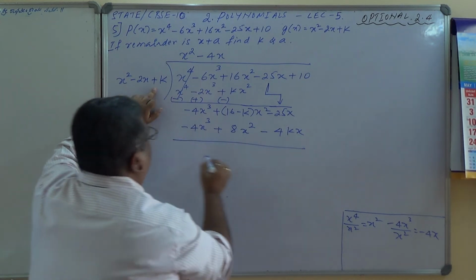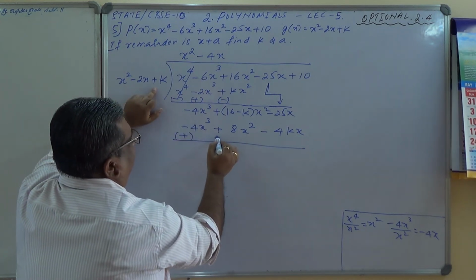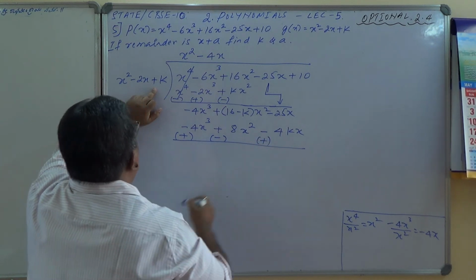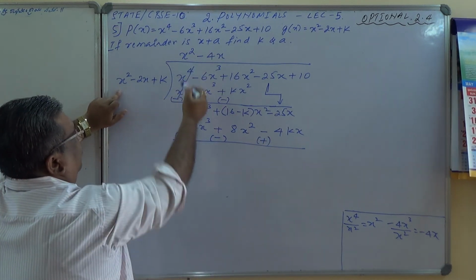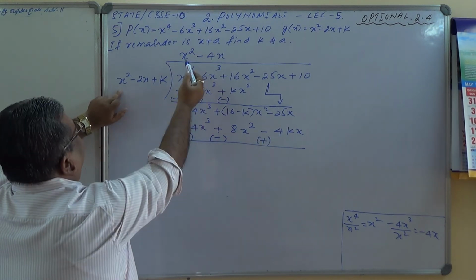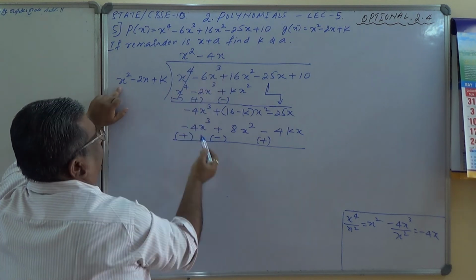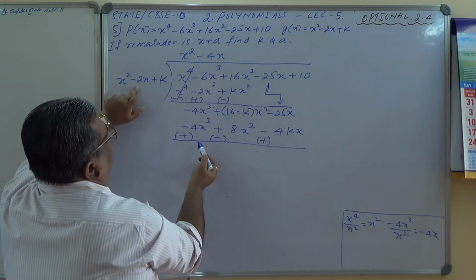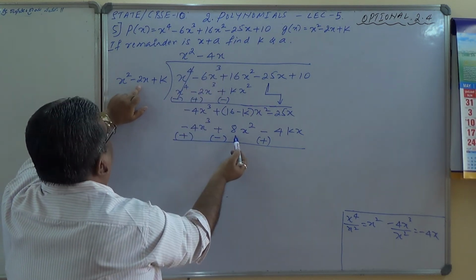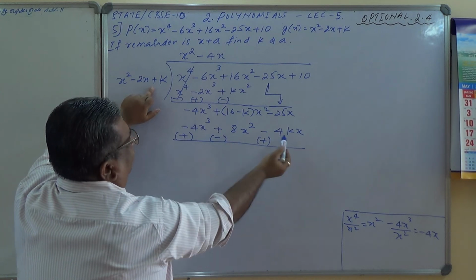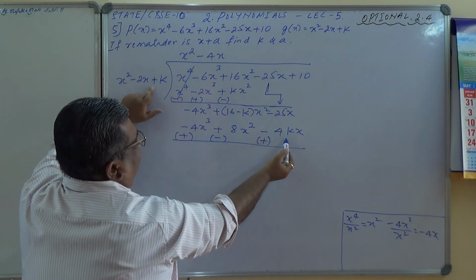Let us work it out: minus 4x cube plus 8x square minus 4kx. It is correct.